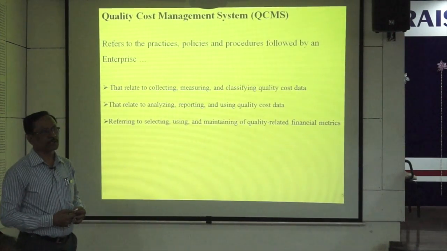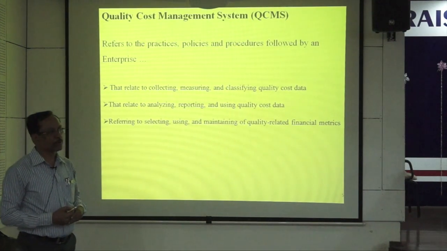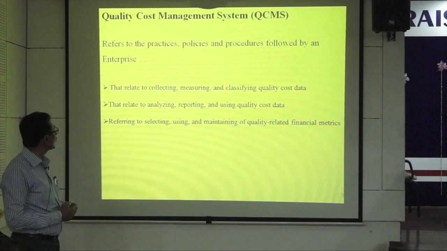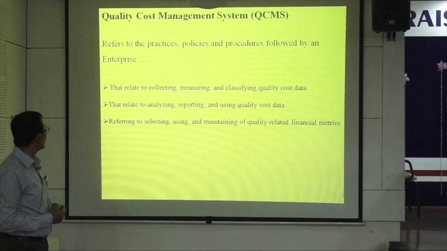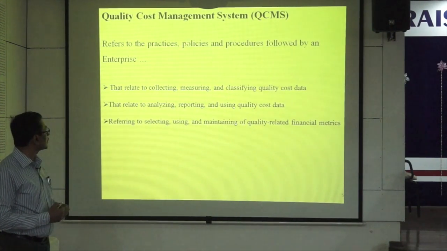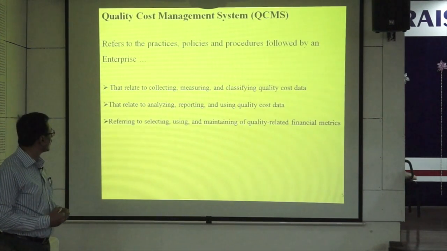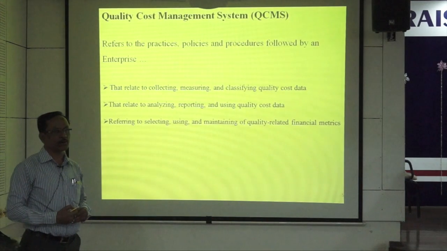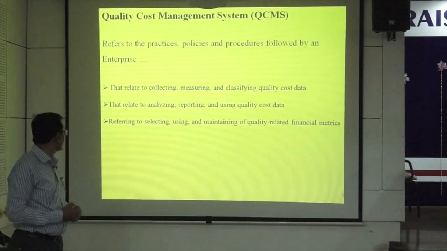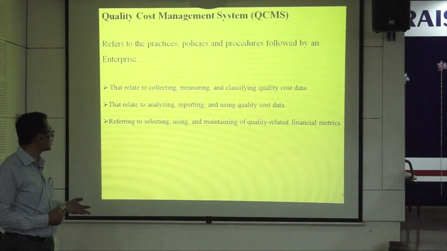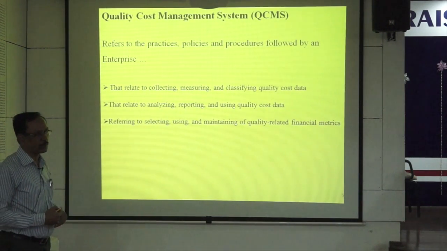Now my title says that I am going to develop a quality cost management system. So what am I referring to? It defines the practices, policies and procedures followed by an organization on these lines: first, collecting, measuring and classifying the quality cost data; second, analyzing, reporting, possibly on a schedule, and use of that quality cost data.